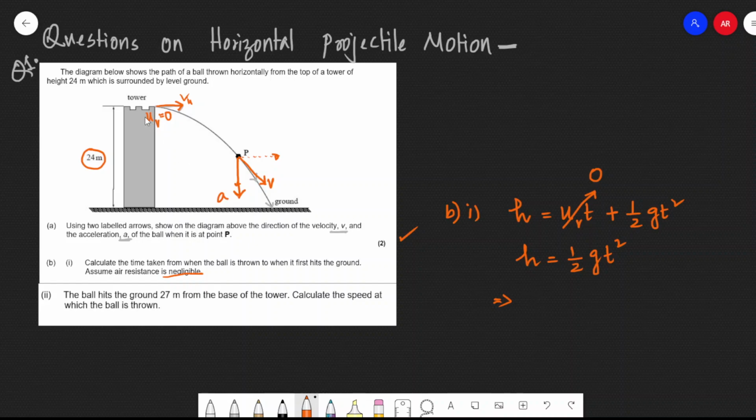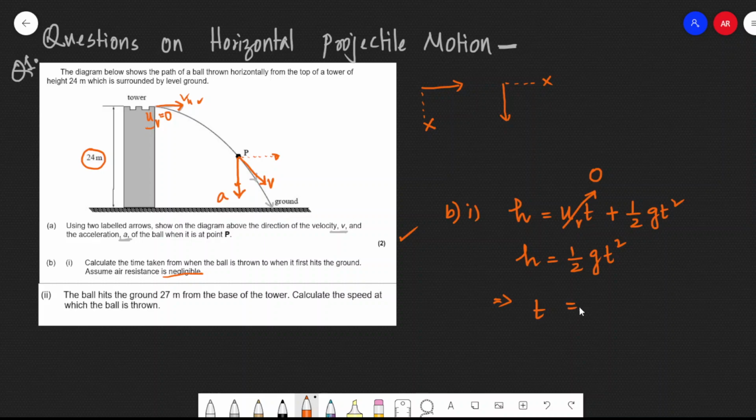It has no vertical velocity the moment it is thrown, because it has been thrown horizontally. And as we discussed in our last video, horizontal and vertical are completely independent of each other. The horizontal does not have any effect on the vertical, and vice versa. So perpendicular components are independent of each other, remember it.